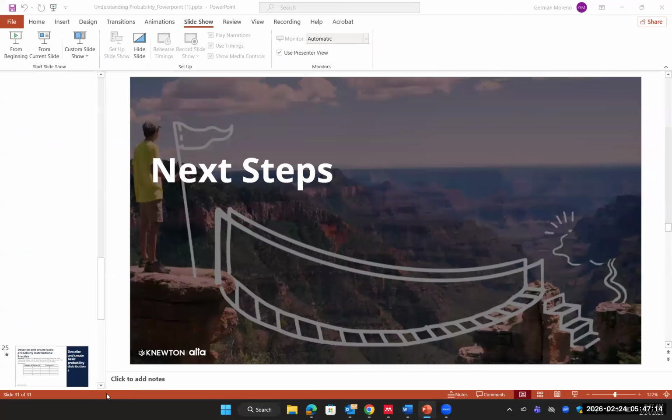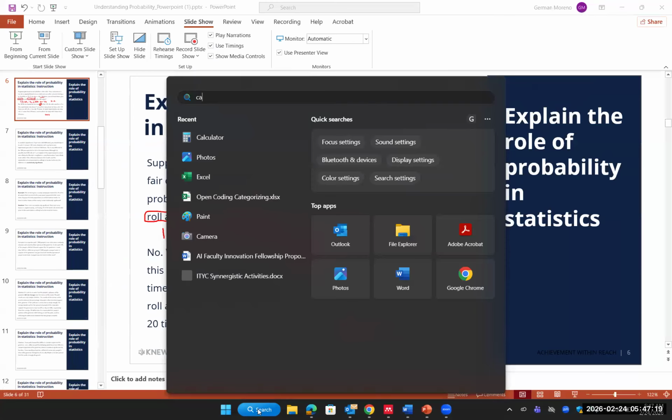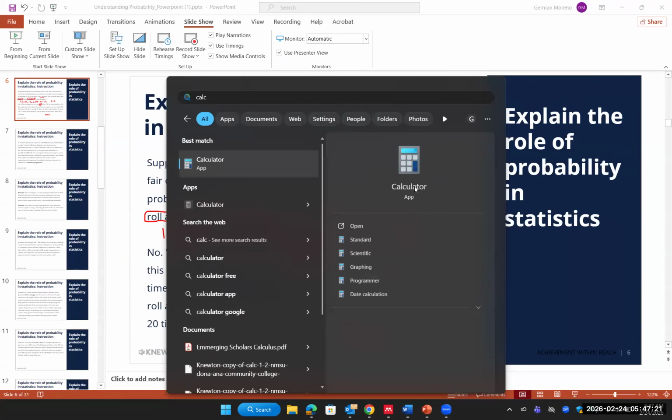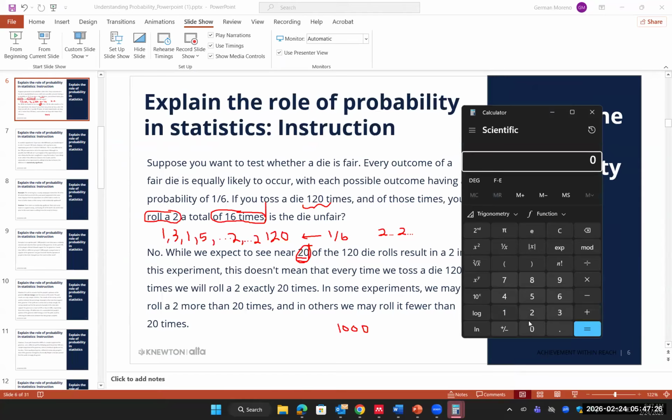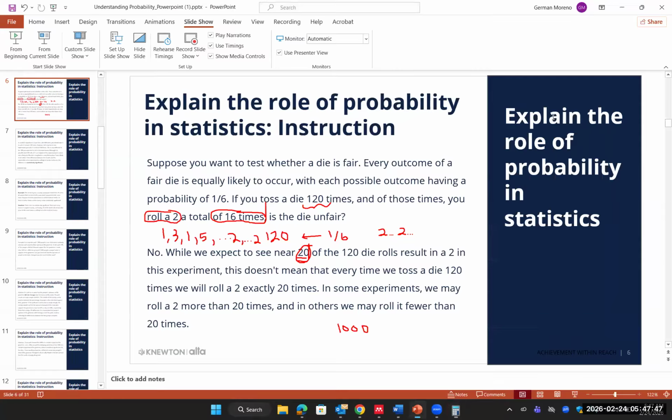So 1/6 of 1,000. We roll it 1,000 times, 1/6 of that I can just divide by 6. So it's 166.6, which is not even a whole number. But that's okay.